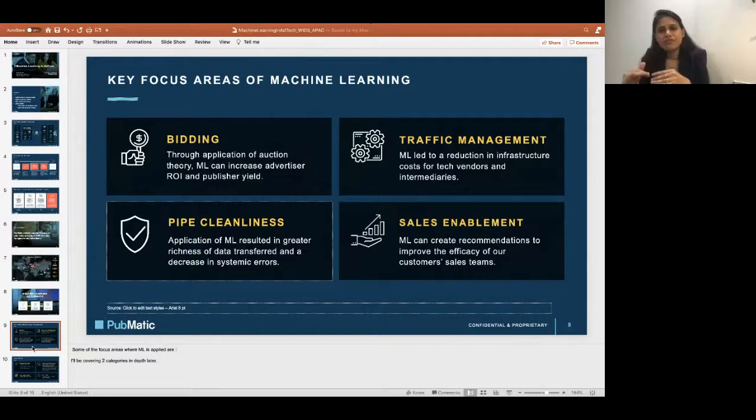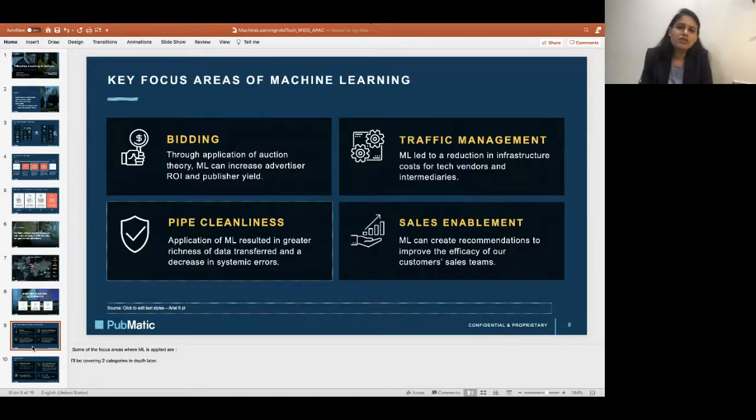In the traffic management section, we will be looking at how ML is helping us to reduce the infrastructure cost for tech vendors and also for the intermediaries, which we have seen earlier. In the pipe cleanliness section, we are using machine learning in order to increase the richness of the data transferred and also to reduce the systemic errors. And in the sales enablement section, we are using machine learning to create recommendations in order to improve the efficacy for our customer sales team.